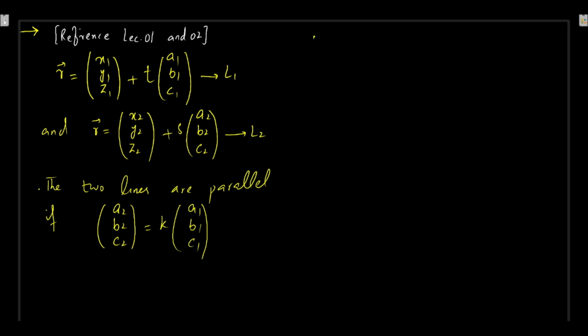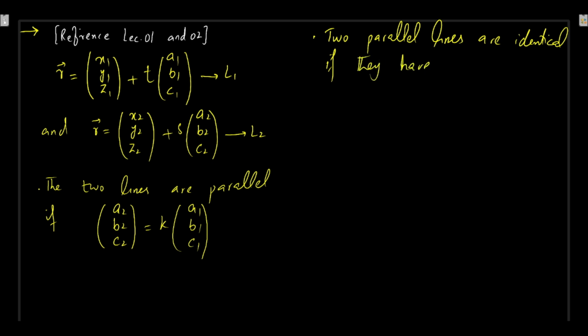Okay, if we are asked to check whether the given two parallel lines are identical, two parallel lines are identical if they have a common point.